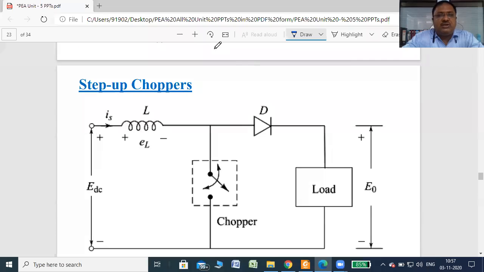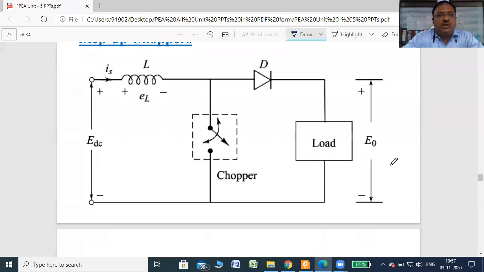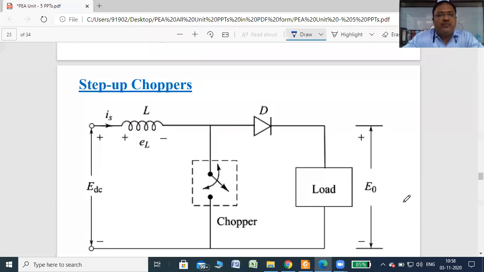Now, I just want to ask you one question. If you understand the working of the step down chopper, then we will go for the step up chopper. Otherwise, I'll repeat the step down chopper again, because the step up chopper is slightly different, and then there will be a step up and down chopper, then two quadrant chopper, and then four quadrant chopper.